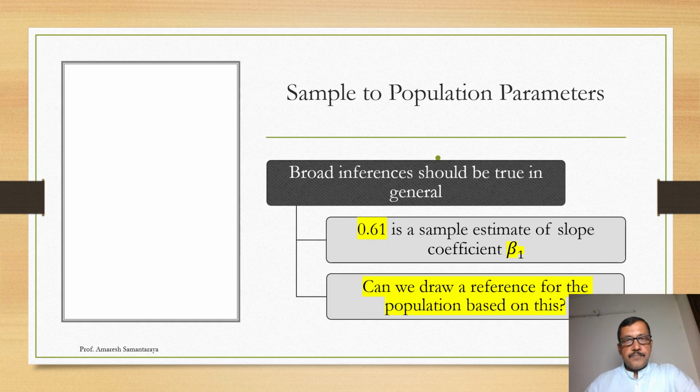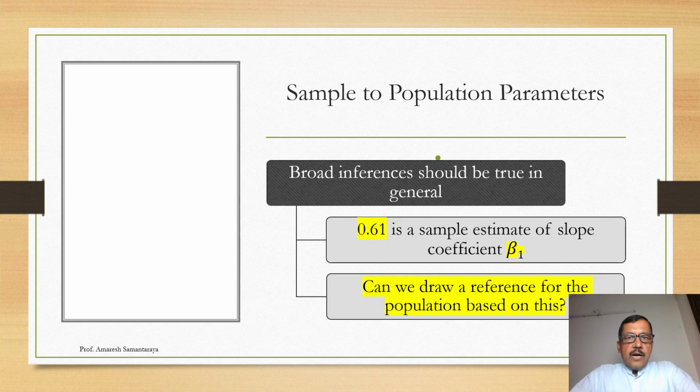I have used. So ultimately, as a researcher, as an economist, I want to make a conclusion that in general, if I'm talking of 2026-27, 2030-31, and not only for India, for any country, maybe for China, for Russia, for US, for Sri Lanka, do I get 0.61 everywhere, right?